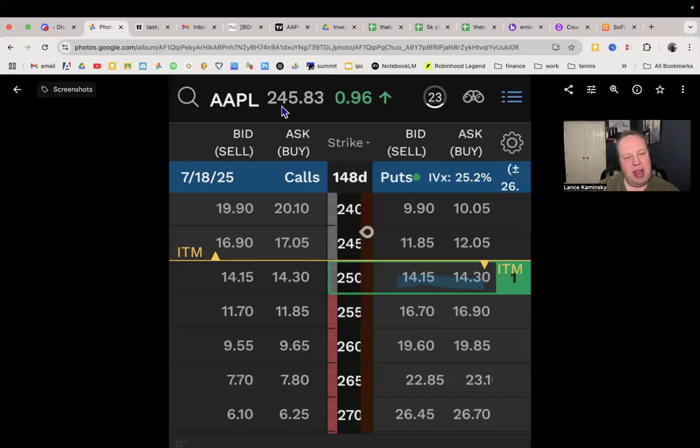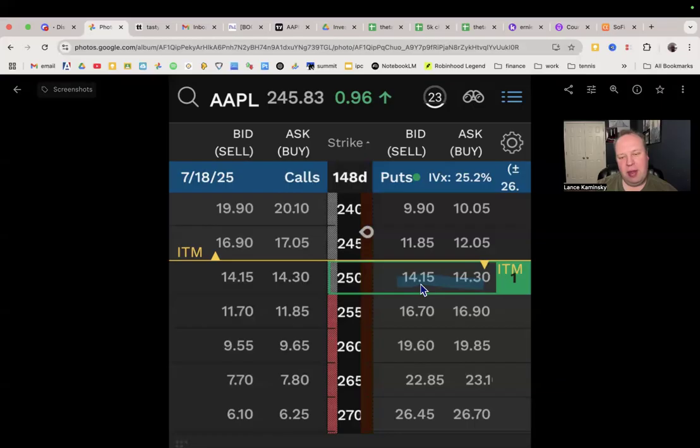I'll take $5,500, that'll be good. The 250 put though, at expiration would be worth zero, because when you buy a put, you want it to go lower than where you bought your strike price at. So you'd make about $5,500 in the stock, but you would lose about $1,400 by buying the put.